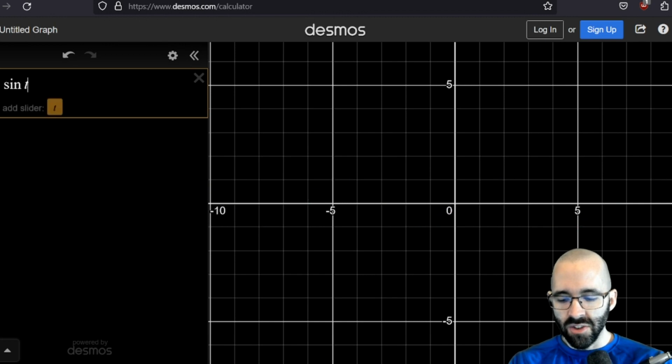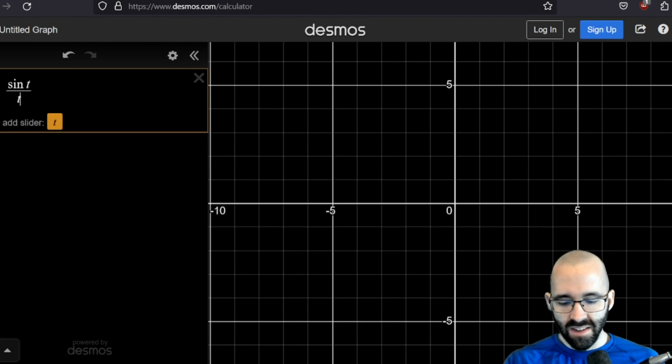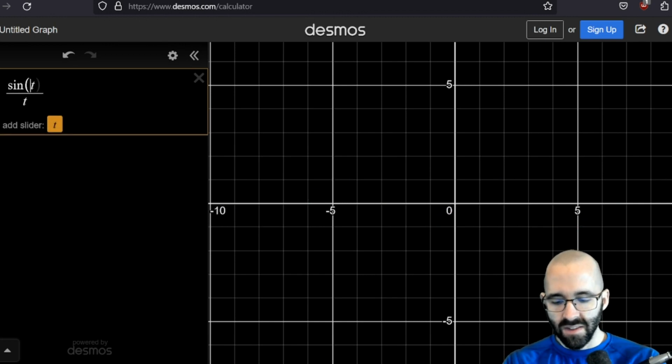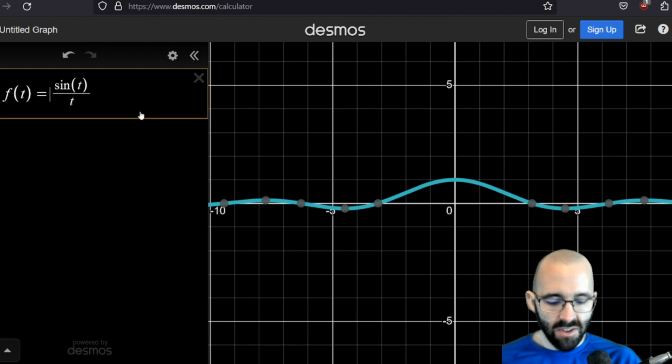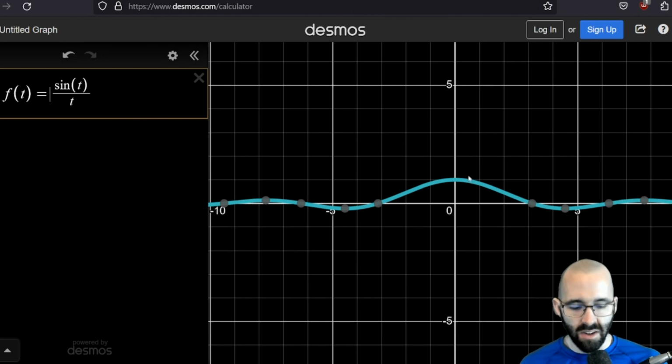And remember that this function is not defined when t is equal to 0. You get 0 over 0.